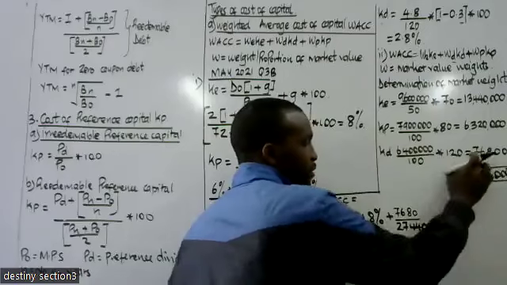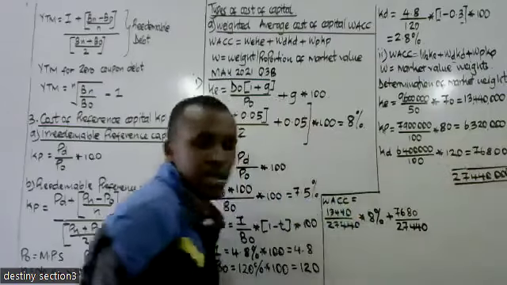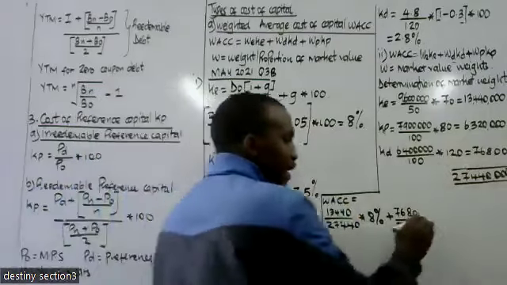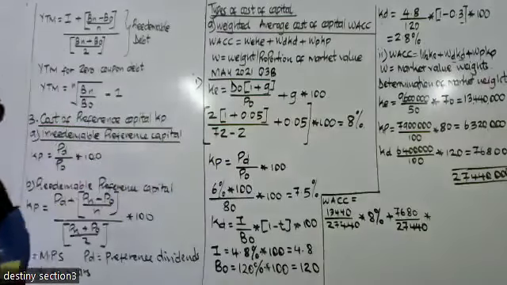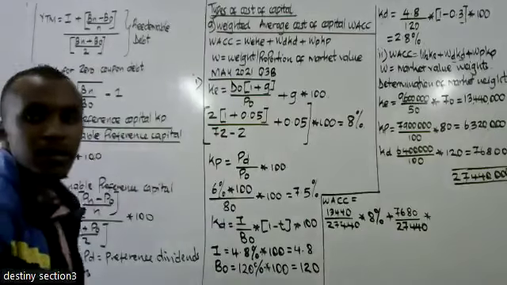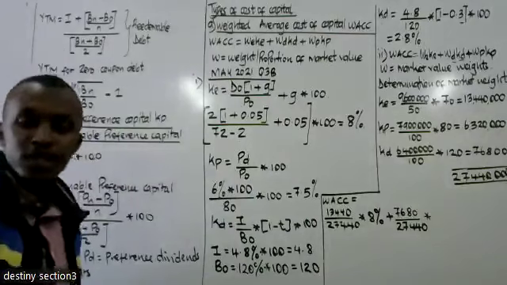That divided by that. You multiply by the cost of debt. What is the cost of debt? The cost of debt was 2.8.